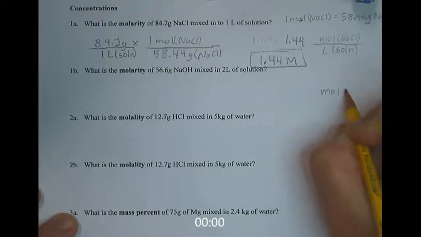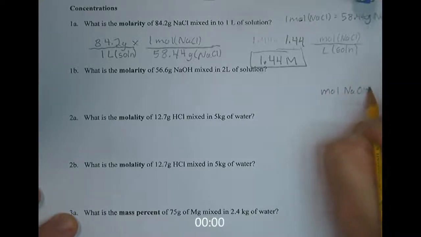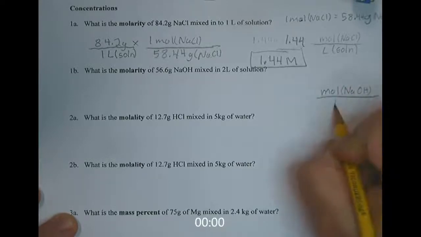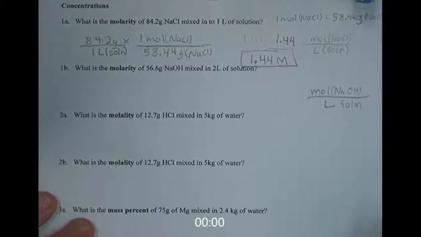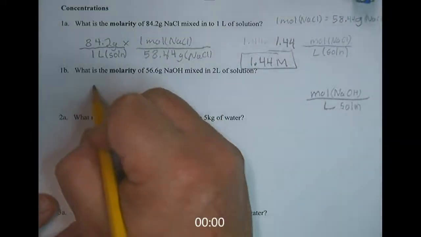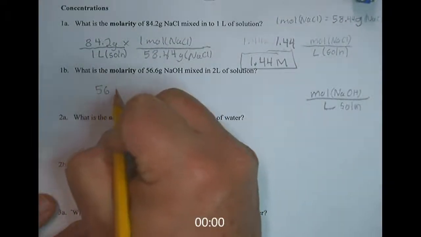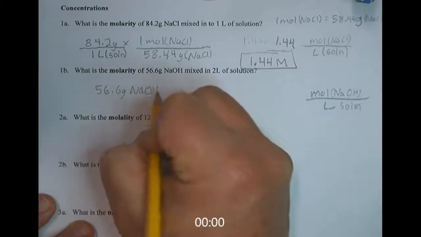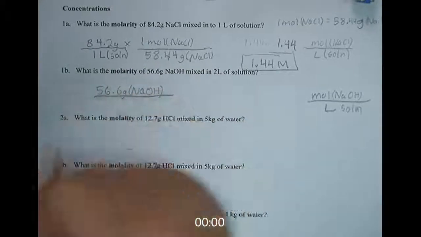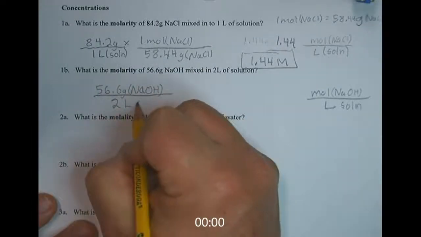So we have moles of NaOH for every liter of solution, and we're starting off with 56.6 grams sodium hydroxide for every 2 liters of solution.